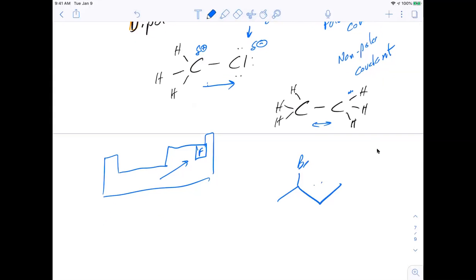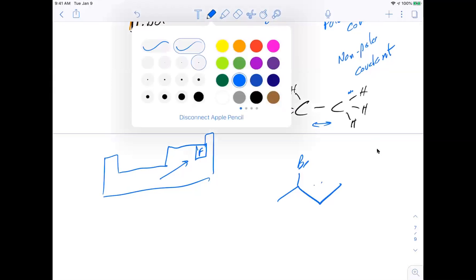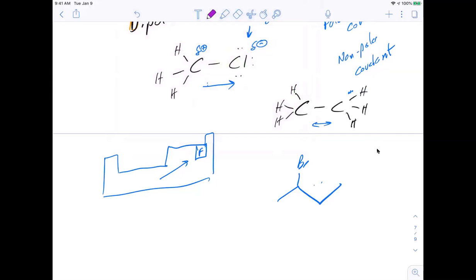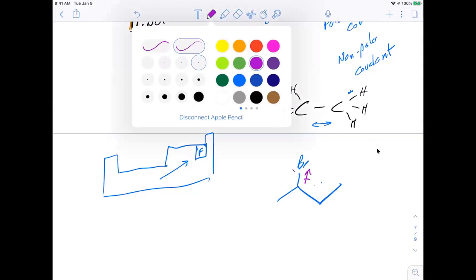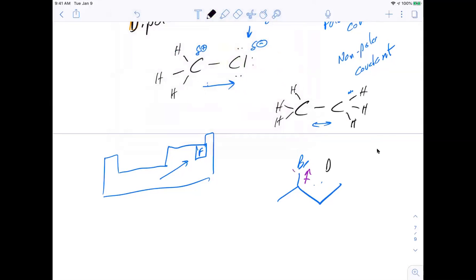So if we have bromine up here, bromine is going to be electronegative, right? It's going to want that electron density, so therefore I have a charge, and this is a dipole moment. This is one way to show it, this little negative.